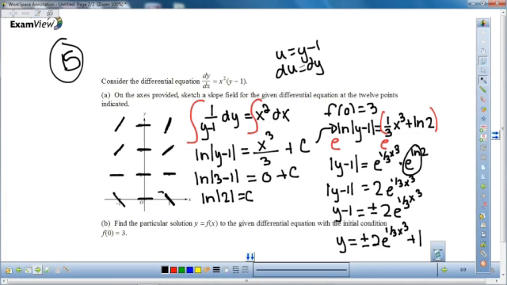Okay, so remember my point was when f of 0 equals 3, so when x is 0, the only way this is going to be 3 is if it was positive. So I don't need the negative, so it's just going to be positive 2.